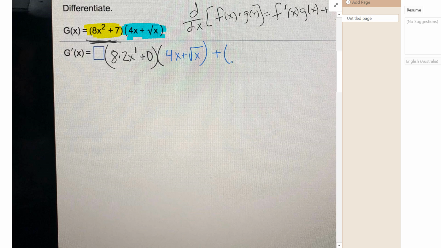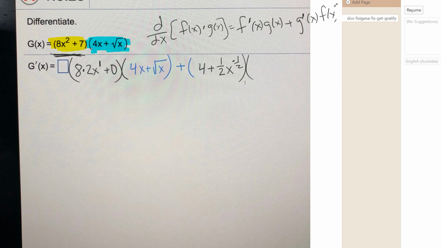Plus the derivative of the second function, which would be 4 plus 1/2 x to the minus 1/2. Hold the first function, right? So the derivative of the first function, hold the second one, plus the derivative of the second one, hold the first one.